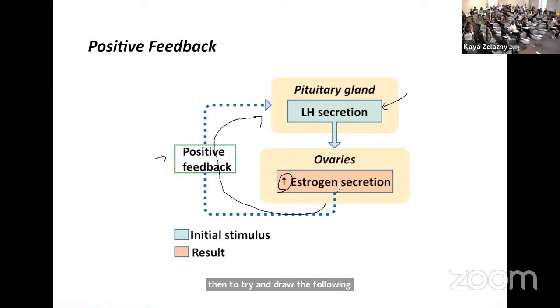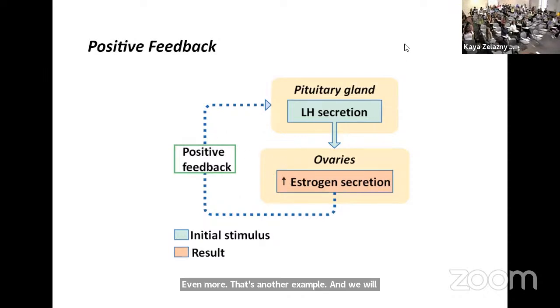We'd say, oh, okay, so estrogen is doing positive feedback. So we'd have more LH secretion in the next step, and we'd have even more estrogen. So that's another example of kind of how you do these type of things. And we will talk through them as we see them.